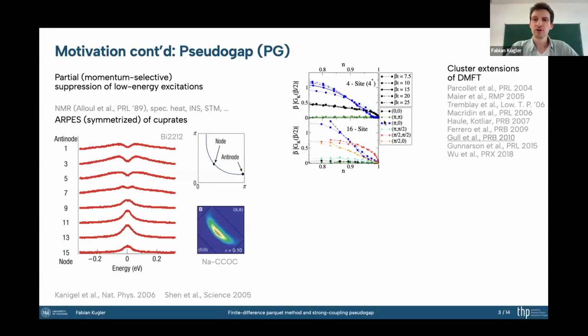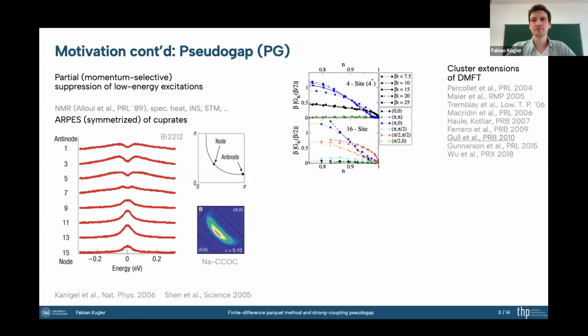From the blue data points, we can see that the spectral weight at (pi, 0), close to the antinode, is suppressed at sufficiently low temperatures. And if the cluster is big enough to also resolve the (pi, pi/2) region close to the node, here we see a much larger spectral weight, so we see this clear nodal-antinodal dichotomy.